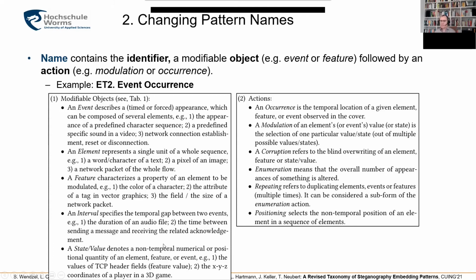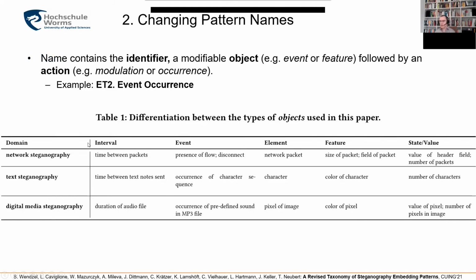And as you can see in this table, when we exemplify the objects over different domains, so we have different contexts here, then for instance, the interval object would be for network steganography the time between packets, for text steganography the time between text node send, and for digital media it could be the duration of an audio file, while this is scaled down to the state or value of features that are specific to elements and that are specific to events.